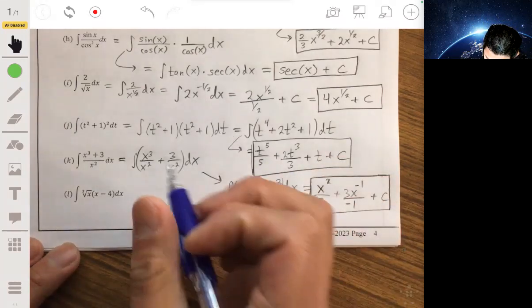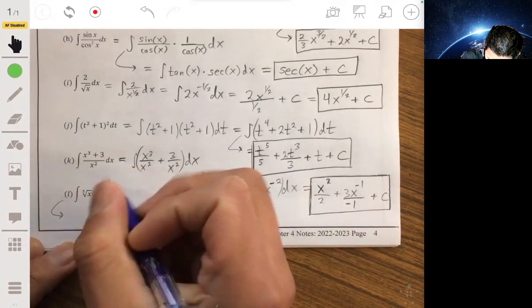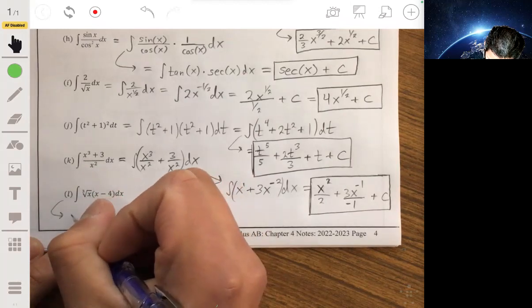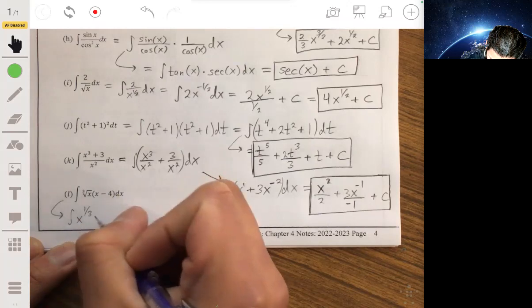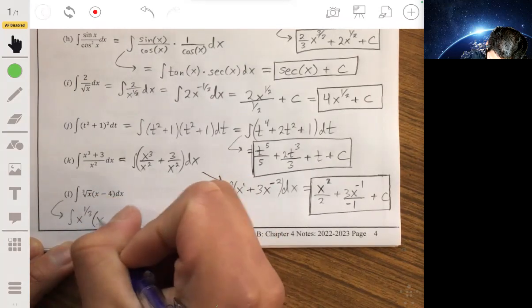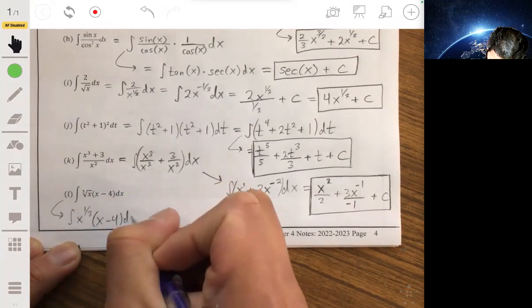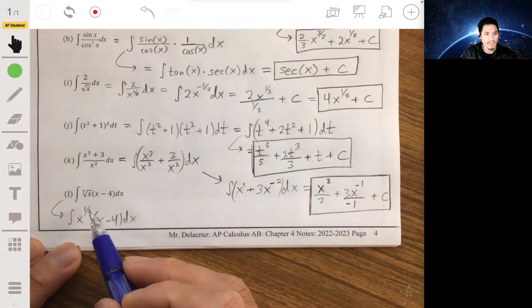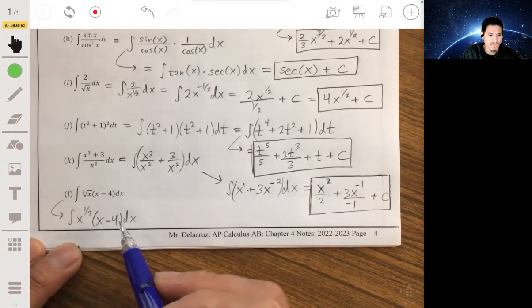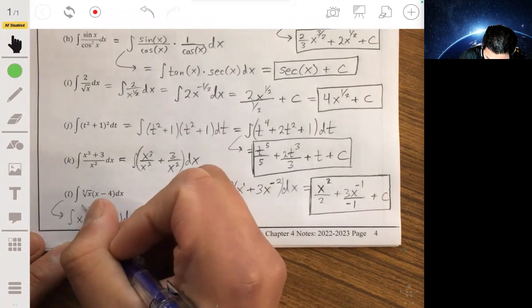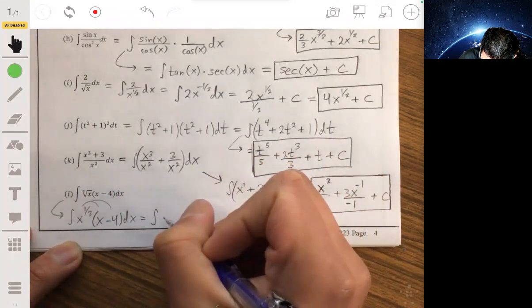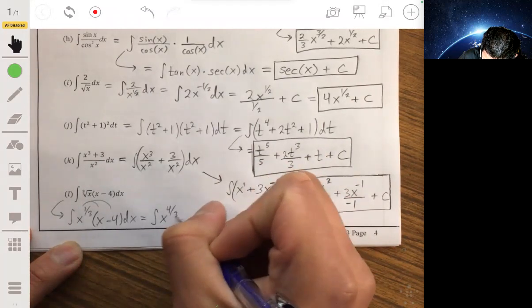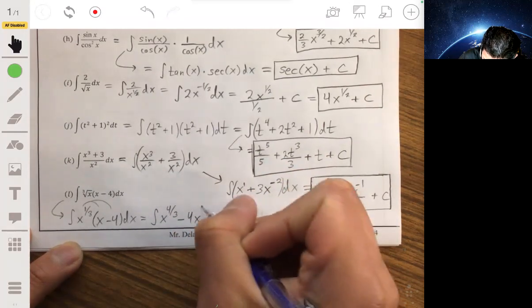All right, and for this last one here, we can rewrite this as the integral of, remember, this is the same as the 3rd root of x times x minus 4 dx. And we'll just multiply the x and the minus 4 by x to the 1/3. So this is the same as x to the 4/3 minus 4x to the 1/3.